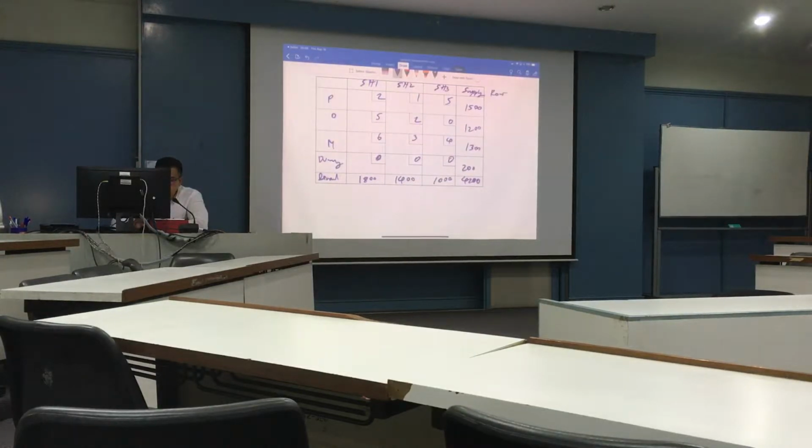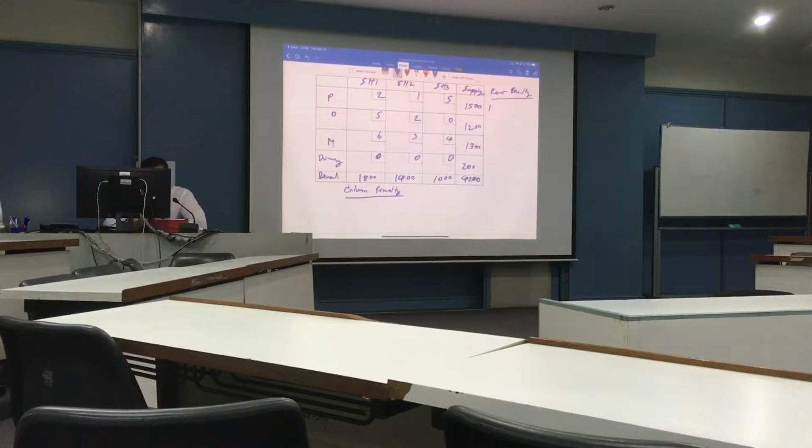For WAM, we need to calculate the penalty value, remember? The first row, two lowest costs are 1 and 2, difference is 1.